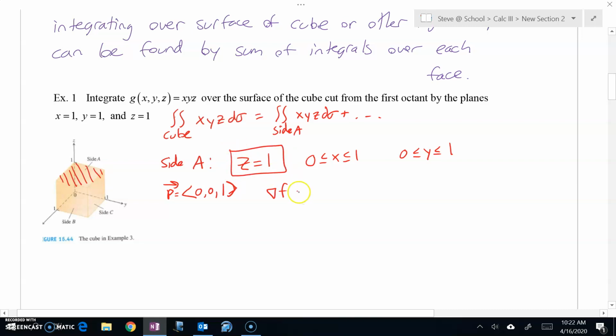The gradient of that is just, again, 0, 0, 1. It's actually the same thing as the shadow region. If you do the dot product of that and take the absolute value, you get that the absolute value of the gradient of f dotted with p is 1. And you get that the magnitude of the gradient of f is 1. So this is kind of a nice problem. So our d sigma is 1 over 1 dA, which in this case is going to be dx dy.